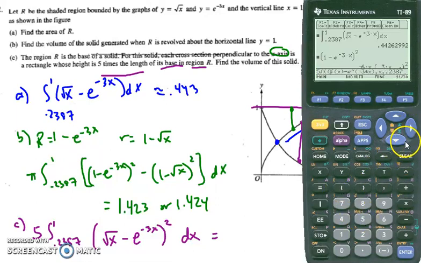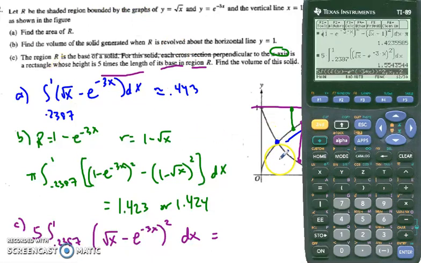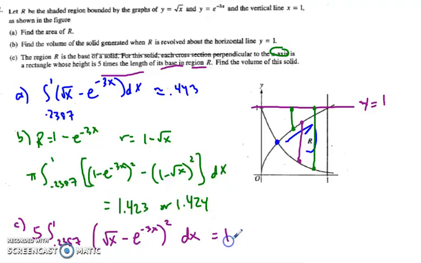So here, parentheses around the entire integrand and square it. And now we just let our calculator do the thinking. And we come up with the answer 1.554, which is in fact the correct answer. And once again, all we needed to show was the setup and the answer for this problem.